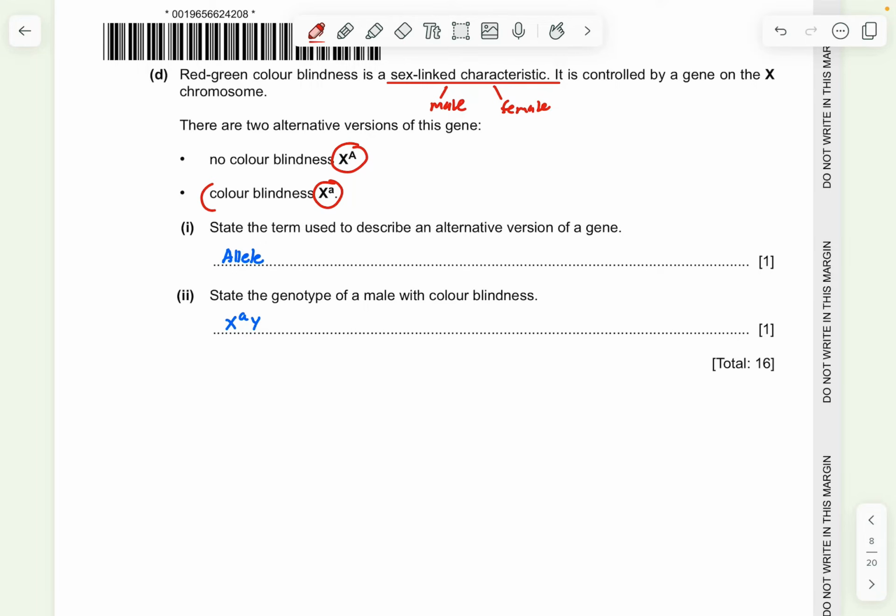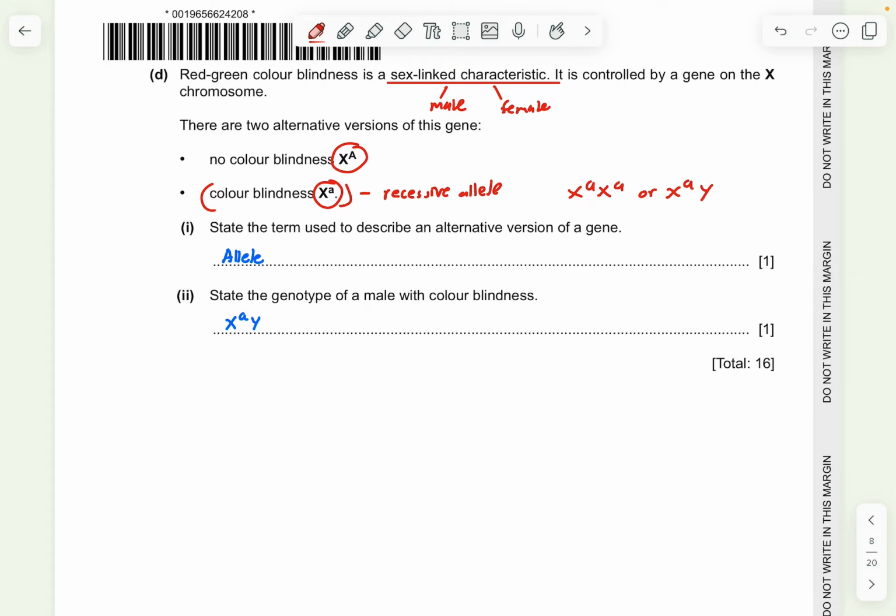The color blindness is the recessive allele. So red-green color blindness is an X-linked recessive trait. You need both copies in the female to have color blindness, X small a X small a, and only one copy for the male, which is either X capital A Y or X small a Y.